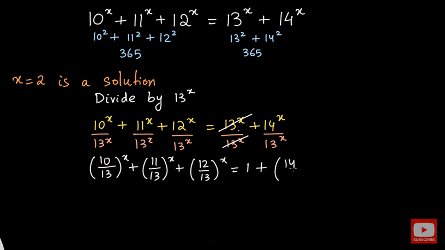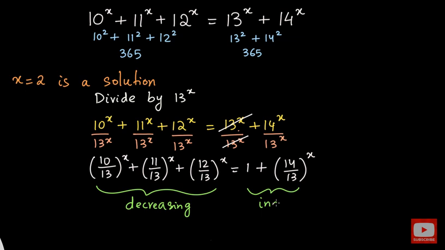And here we have (14/13)^x. Now let's take a look at the functions on the left side and on the right side. The function on the left side is a decreasing function, and the function on the right side is an increasing function.